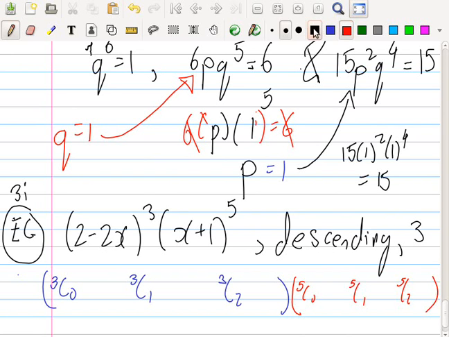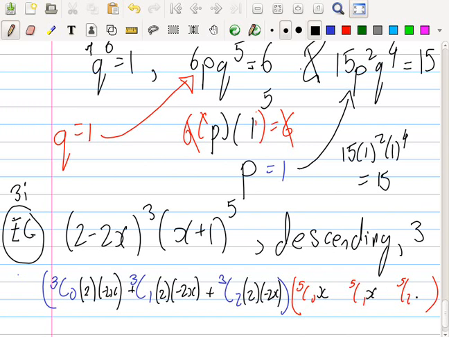First one here will be a 2, and then a minus 2x, and a plus, and then a 2, a minus 2x with a plus, a 2, a minus 2x, and then here an x and a 1. I won't bother to write the 1 in, because 1 is always 1. x and a 1 here, x and a 1 here, x and a 1, and pluses.